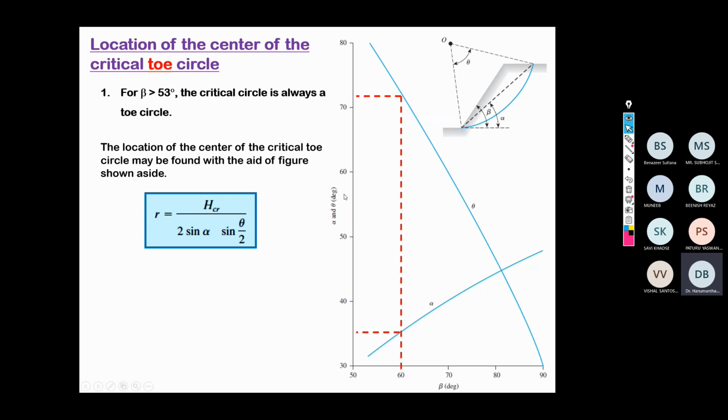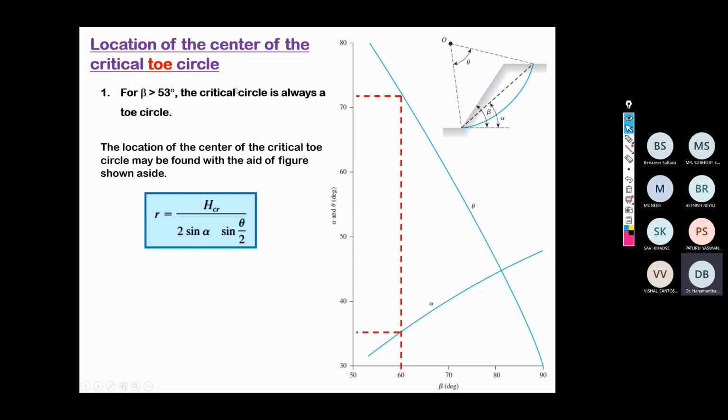Here also another predefined correlation has been given between the slope angle beta and the other parameters like alpha and theta. Alpha is the chord angle of the toe circle, and theta is the acute angle between the exit and emergence points of the toe circle. If you know theta and alpha, then you are able to determine the location of the center of the toe circle.